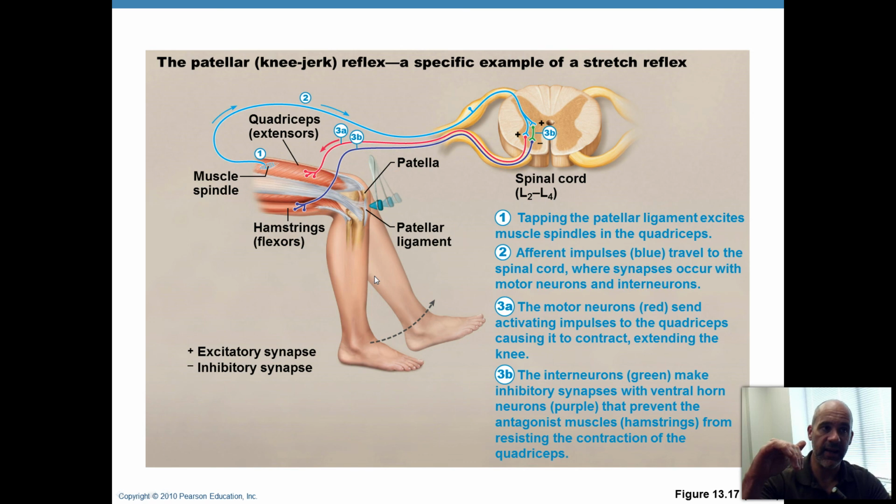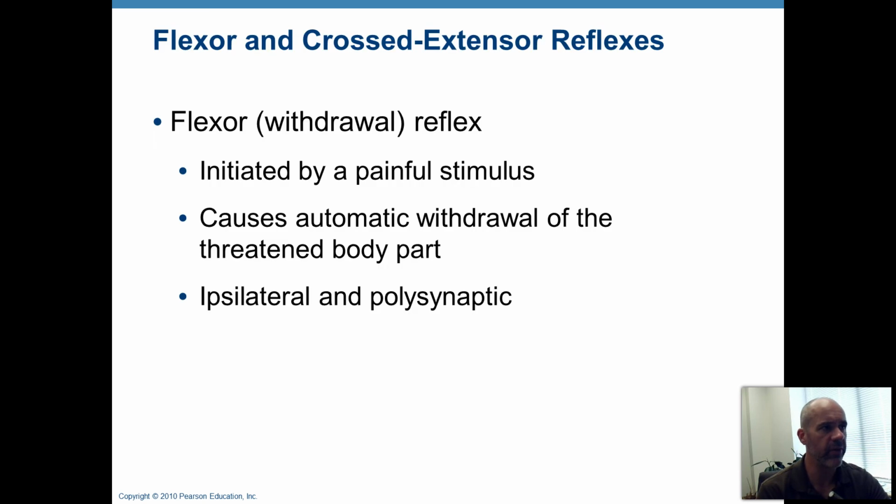So it helps you stay in a standing position. That's the real reason why we have a knee jerk reflex. It's not so it just looks cool when the doctor is hammering on you with a hammer. So when they do that to you, they're just testing to make sure your nervous system function is undergoing properly.